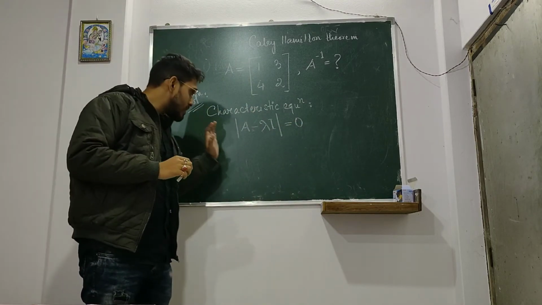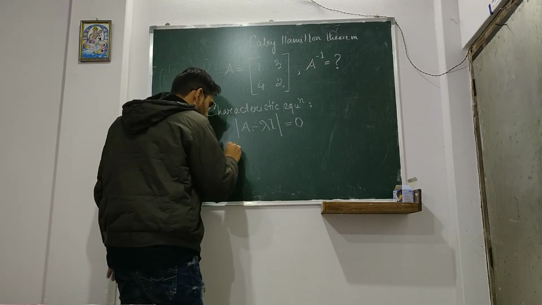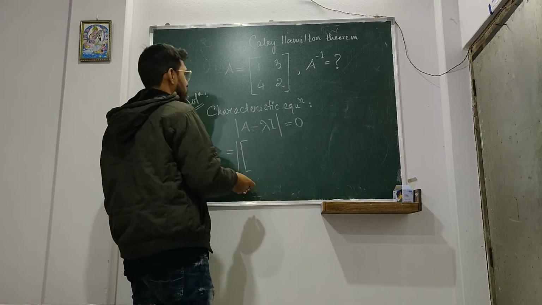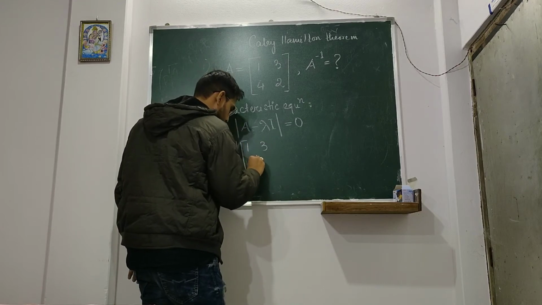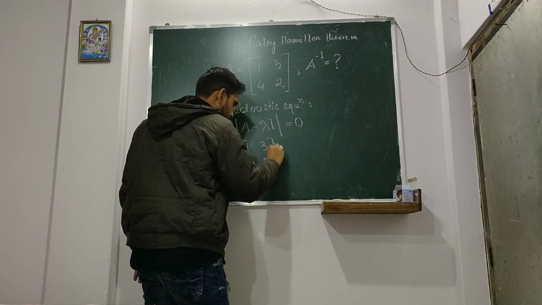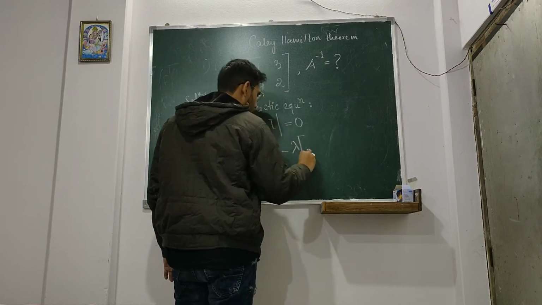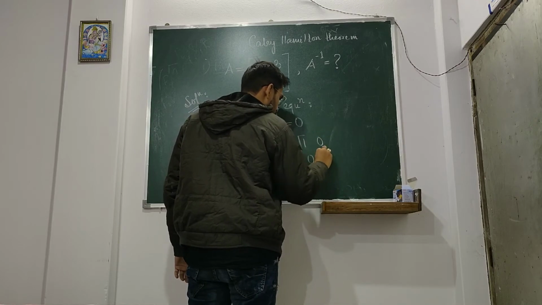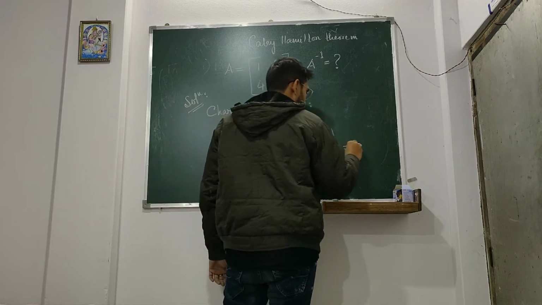So we will follow the same process just like we did to find the eigenvalues. We start with the determinant, and A is 1, 3, 4, 2, minus lambda, then the unit matrix, as I've told, it's 2 cross 2, so it will be 1, 0, 0, 1, and equals to 0.